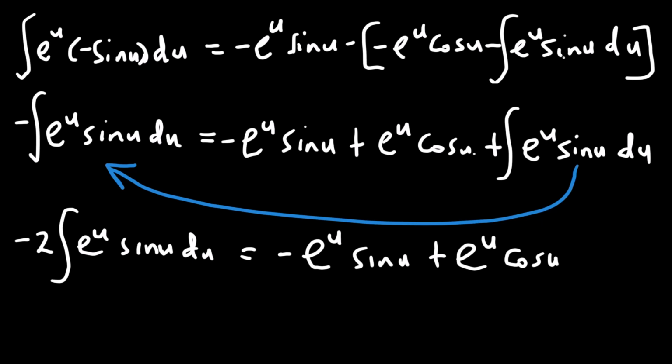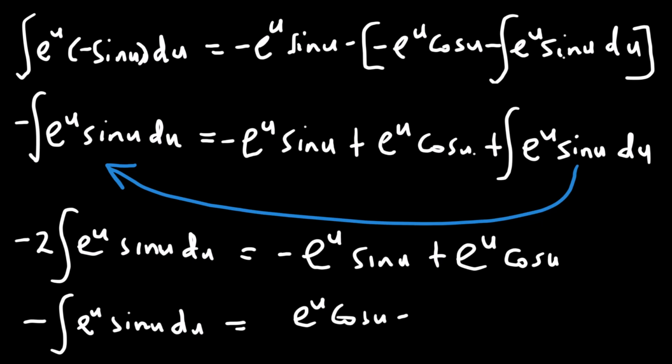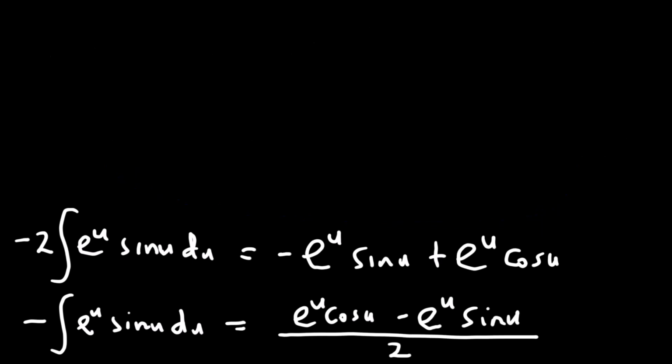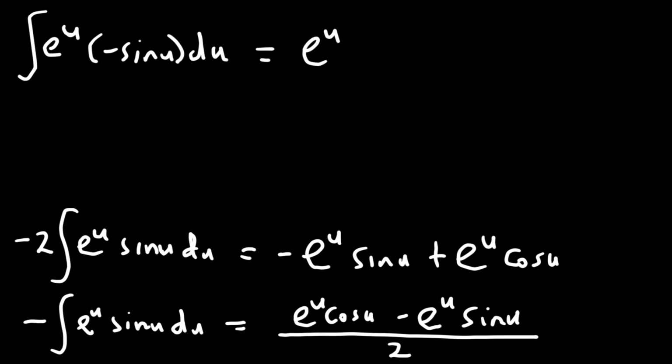If we divide both sides by 2, we shall remain with negative integral of e to the power of u sine u du equaling e to the power of u cos u minus e to the power of u sine u, divided by 2. We can again express this as the integral of e to the power of u times negative sine u du equaling e to the power of u cos u minus e to the power of u sine u, divided by 2.